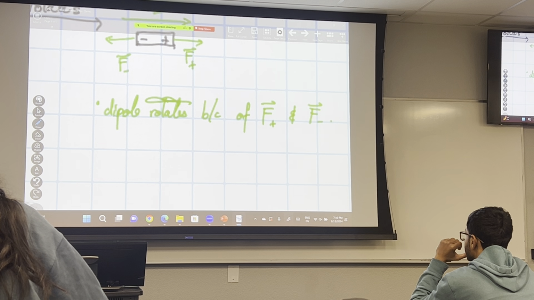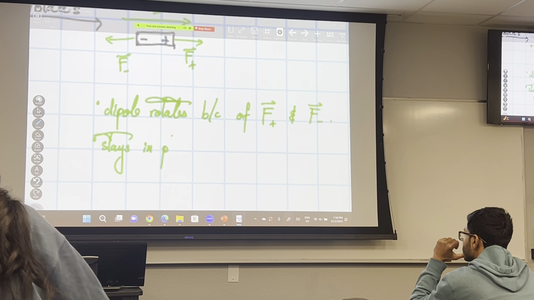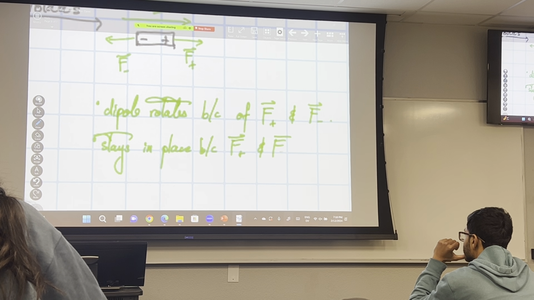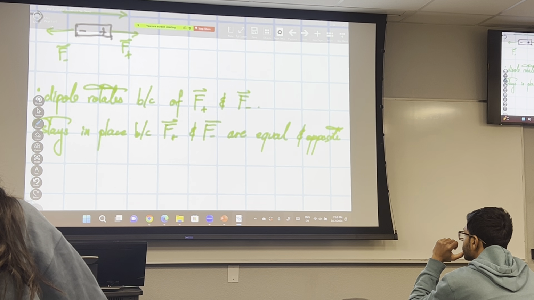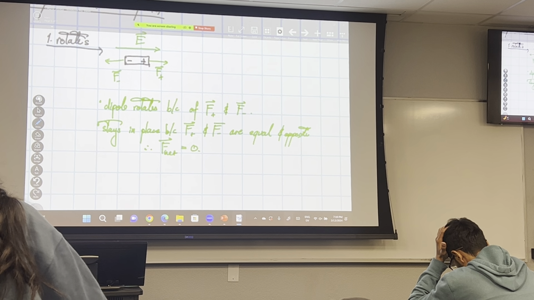Right, the forces are going to be pulling in the respective directions. However, then it stays in place because F plus and F minus are equal and opposite. Therefore, F net is equal to 0.